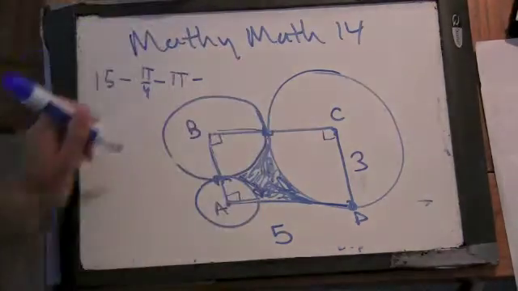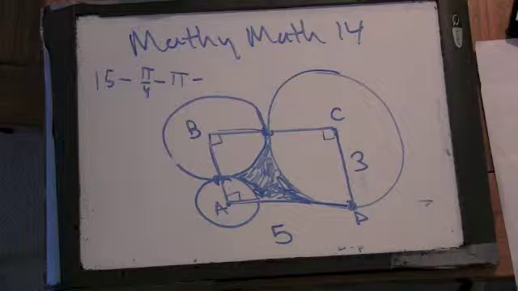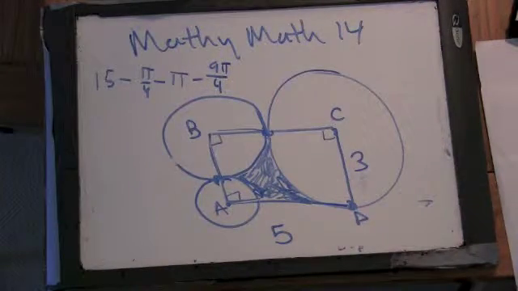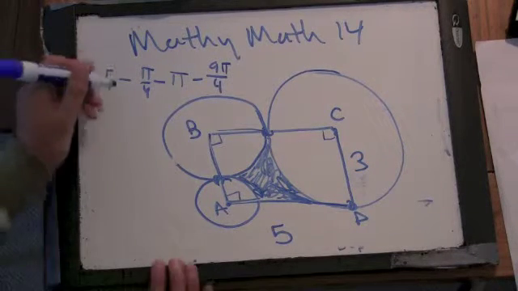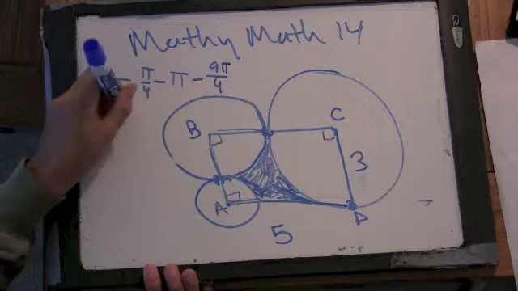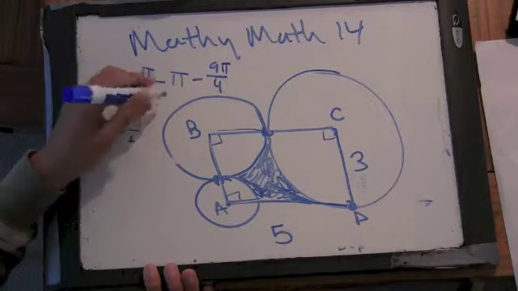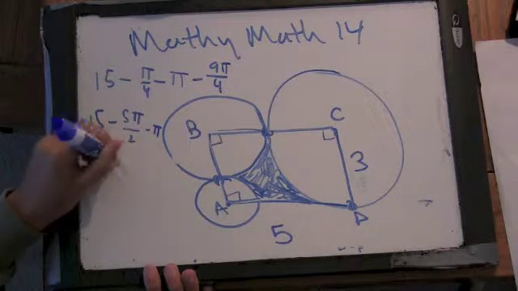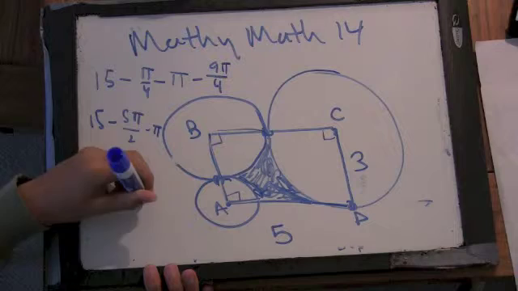And then minus 9 pi over 4. So this is 15 minus, we have 5 pi over 2 minus pi. 15 minus 7 pi over 2.